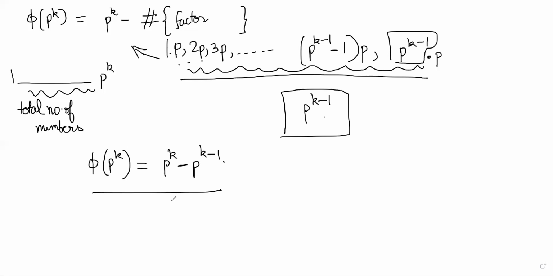So that is our second result. The first result was phi of p is p minus 1. The second result is this. So for example, now you can find phi of 2401. What is that? Check the prime factorization of 2401.